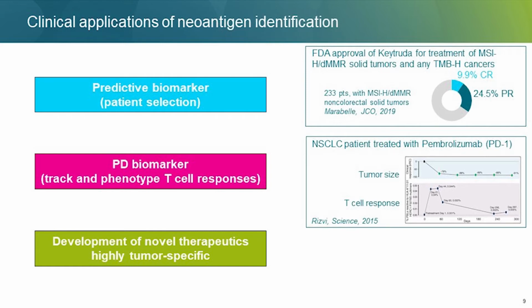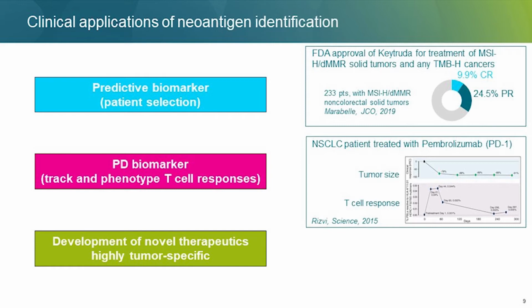We can also use this information for a biomarker. This allows us to generate tools such as MHC class 1 or class 2 tetramers that enable us to follow the T-cell response. And you can see here on the right that there is a patient who, upon treatment with pembrolizumab, develops a T-cell response against the neoantigens, and this is associated with a reduction in the tumor size.